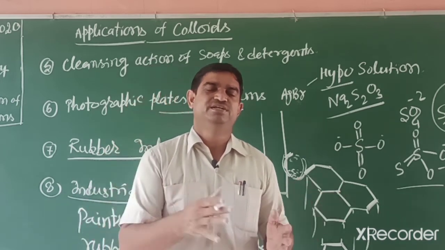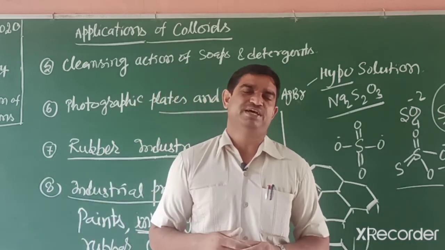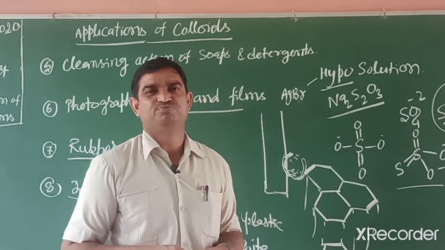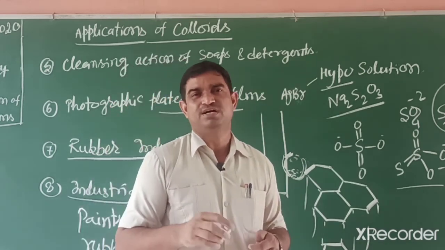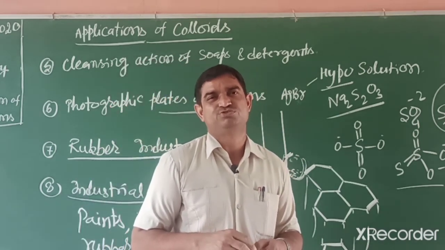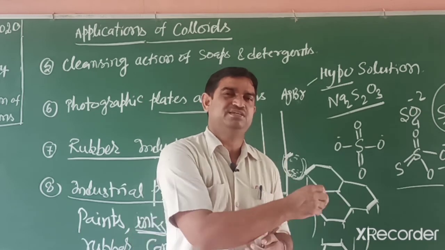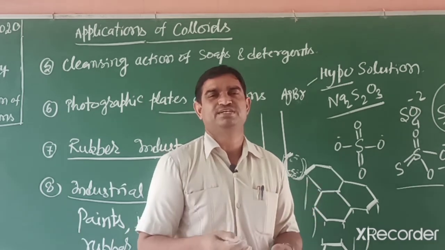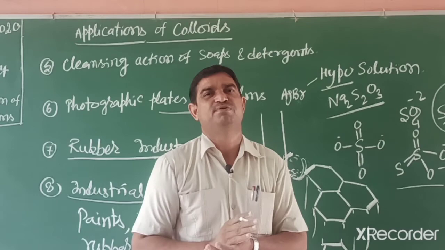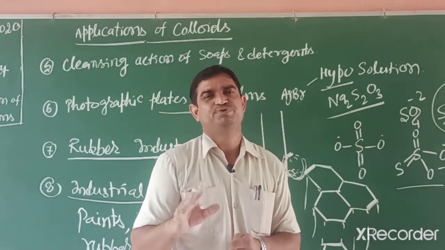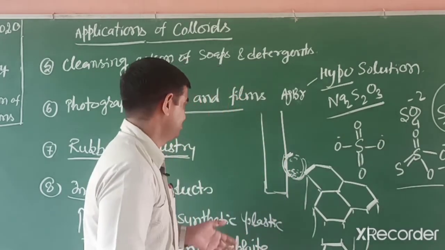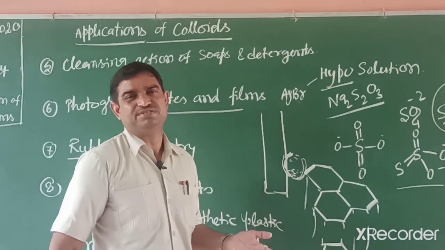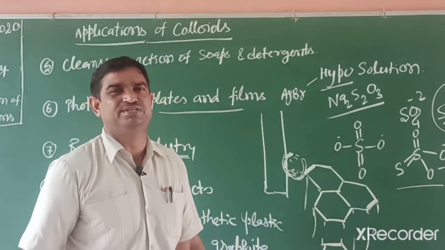They require an emulsifying agent like soaps and detergents, proteins, gums, gelatins, synthetic and natural rubbers, which also act as emulsifying agents. So soaps and detergents are emulsifying agents. Other applications we study in daily life include oils.